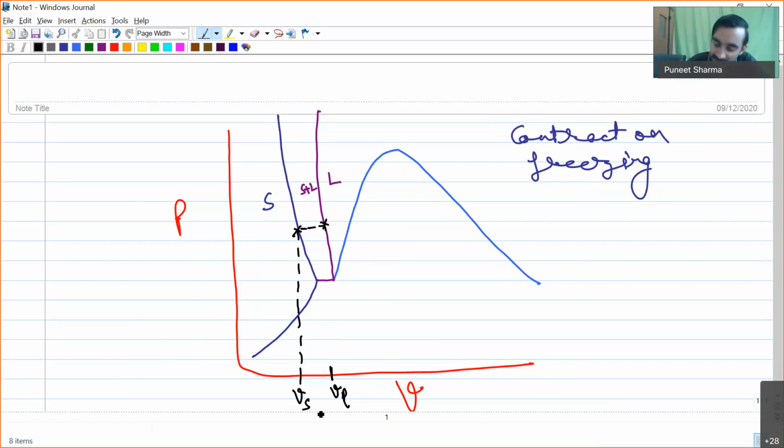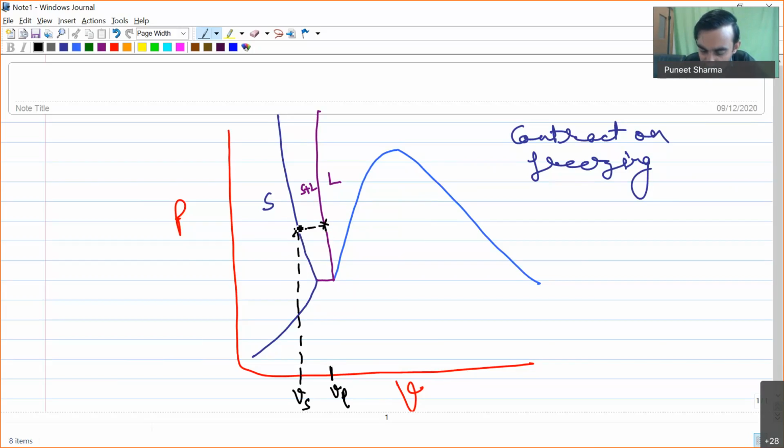Okay, so it means the specific volume at the boundary which separates solid and liquid is nothing but the specific volume corresponding to liquid, and the boundary at which we have separation from solid to solid plus liquid, there we are having nothing but solid phase, so that has less specific volume.